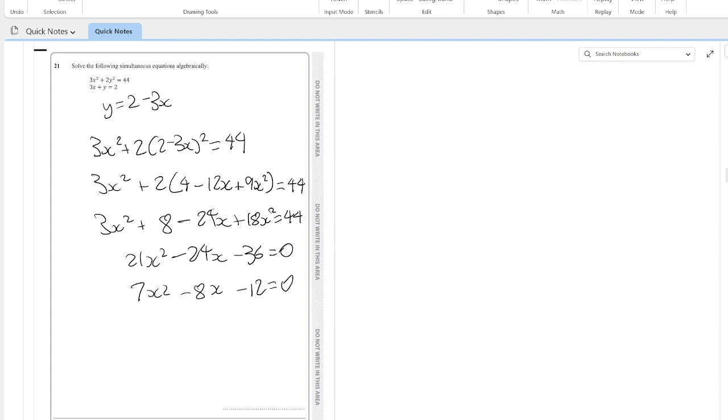Here you can use the quadratic formula, or you can spot that you can actually factorize this, like this. So now, you get that 7x plus 6 equals 0, or x minus 2 equals 0. So we're going to think about each of these cases.